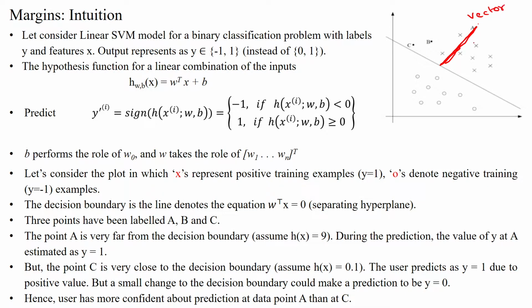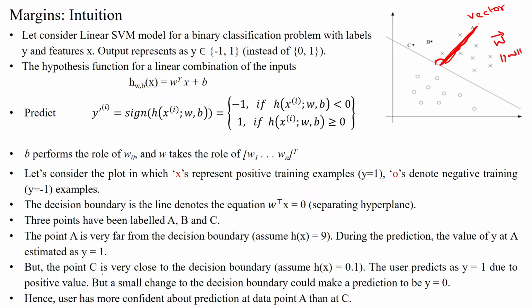This vector has a direction and also a magnitude. The magnitude is the length of the data point from the hyperplane. This angle is the direction of this data point.